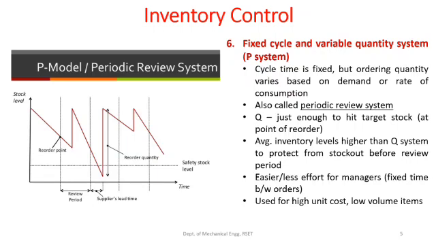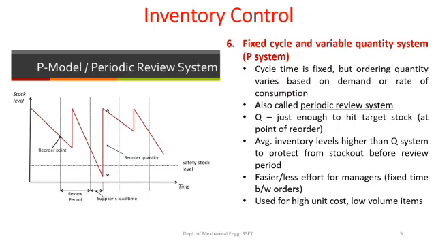So sometimes placing orders for very small quantities might not be cost efficient. So the time period between two subsequent or two consecutive reviews is placed such that there is a sufficiently large quantity that needs to be ordered at the time of review. Okay, so in the P system, as I told you, the cycle time is fixed.